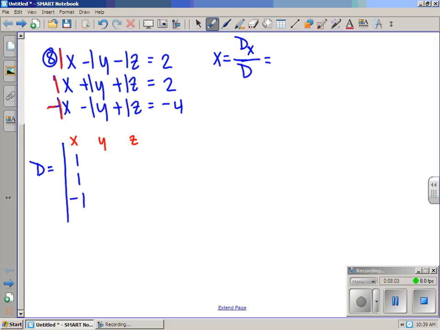The y column will be your y values, negative 1, positive 1, negative 1. The third column represents your z's, which would be negative 1, positive 1, and positive 1.